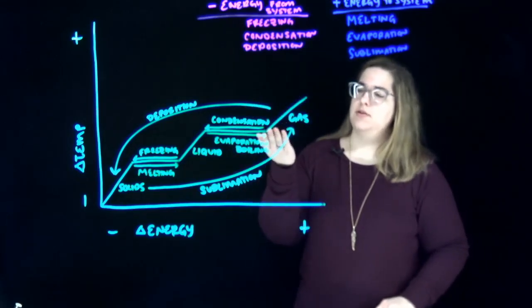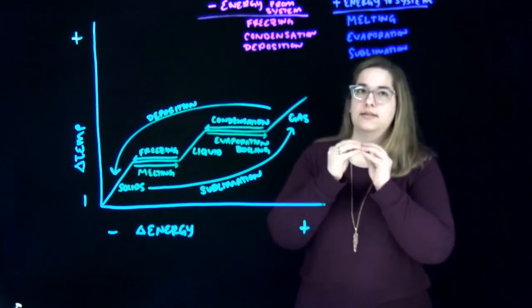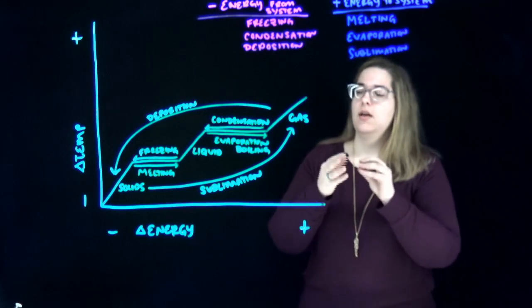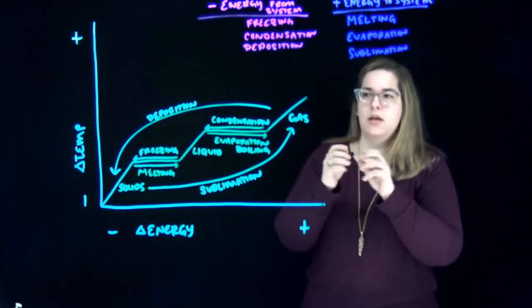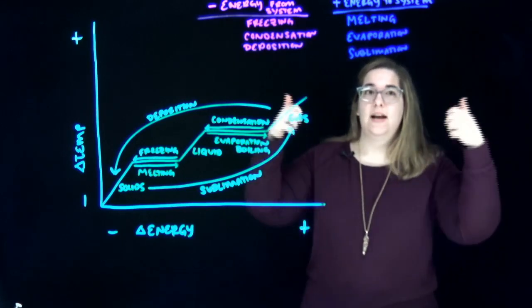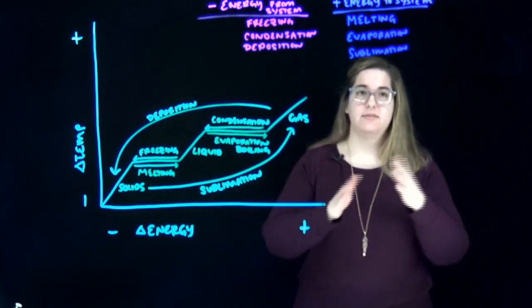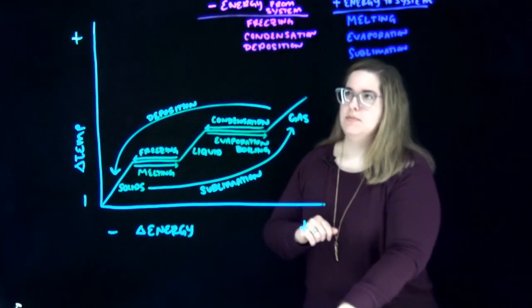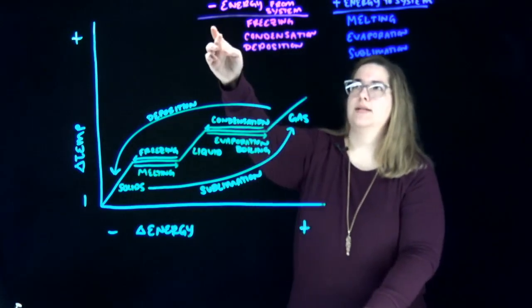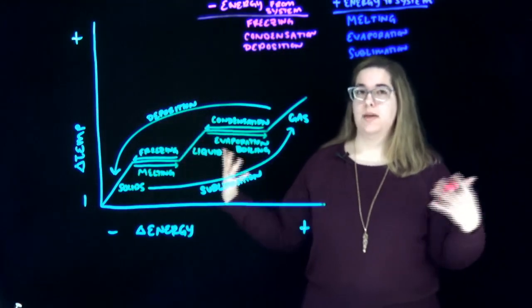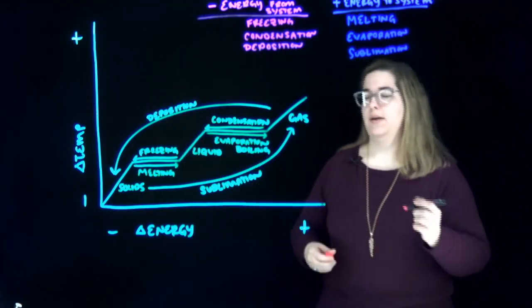Since these are subtracting energy from our molecule, where is that molecule's energy going? It does not just disappear. The energy within the molecule is being subtracted and added to the environment. So it's kind of a give and take process. So these ones, while they are subtracting energy from our molecule, they are warming up the environment around them because that's where their energy is going.